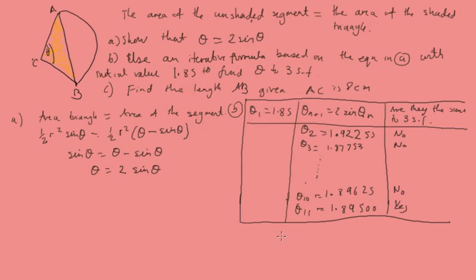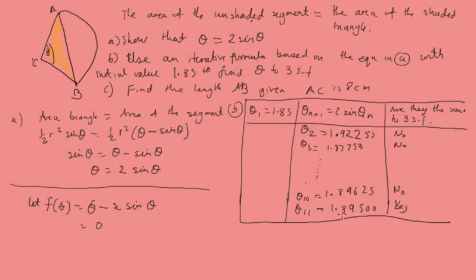So if you let f of theta be theta minus 2 sine theta, and put this value of theta into here, you would get 0.